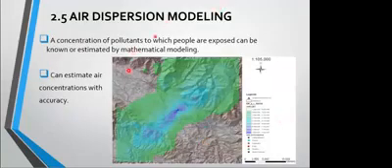So here is an example of modeling, which is a way of determining air quality. It gives an estimate of the concentration and the overall dispersion. In air dispersion modeling, the concentration of pollutants to which people are exposed can be known or estimated by mathematical modeling.